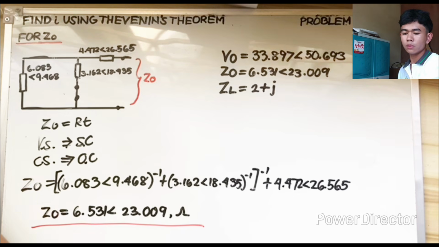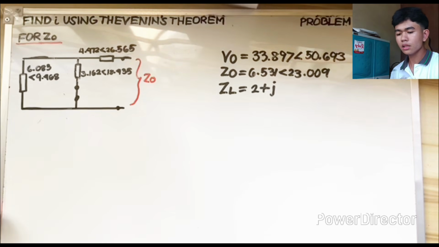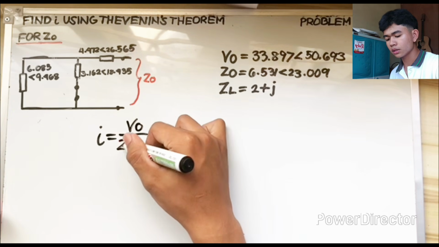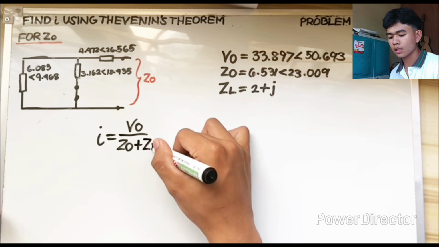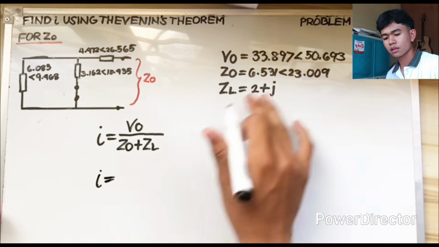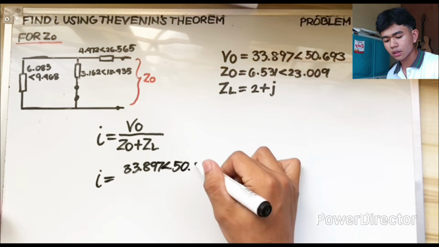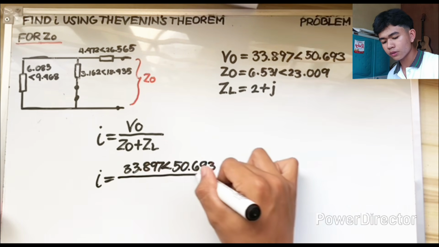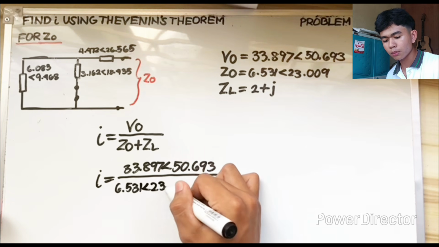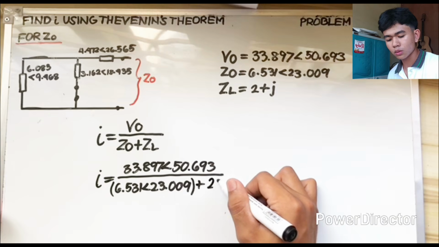So we can now solve for I using the Thevenin's theorem formula: I is equal to V sub O over ZO plus ZL, which is 33.897 angle 50.693 all over 6.531 angle 23.009 plus our Z of L, which is 2 plus j.